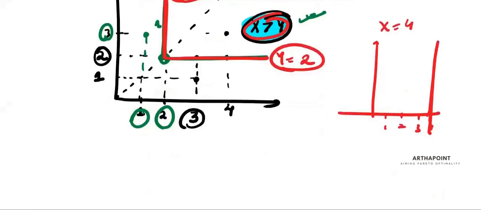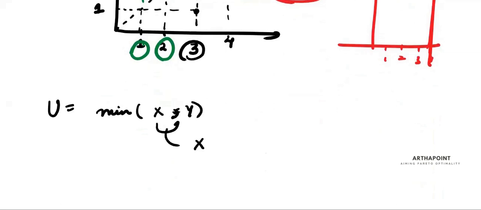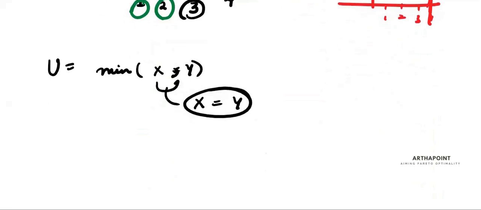Now, one property of complementary goods is that whatever comes inside the min function is equated. You will always consume in that ratio. X will be equal to y. But I know that I cannot just keep consuming infinite. I cannot say that I'm consuming 100 units of x and 100 units of y, 500 units of x, 500 units of y.